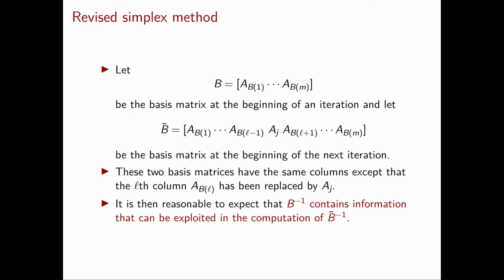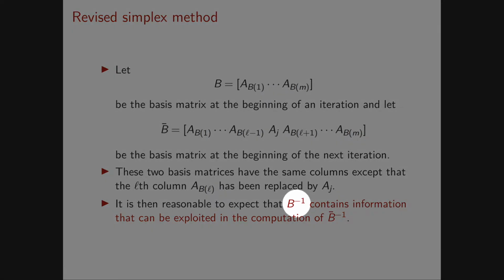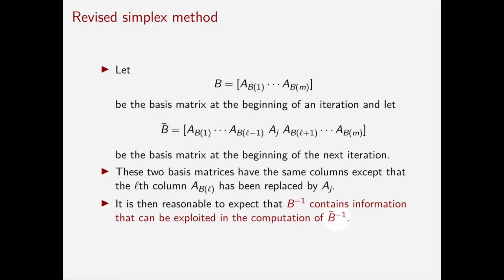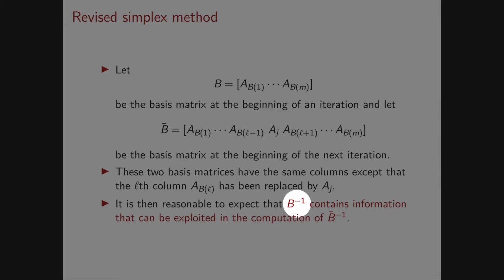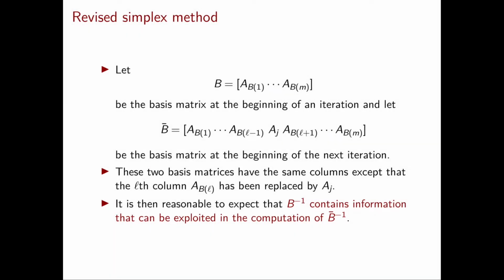There's only one column that is different. It is then reasonable to expect that also the inverse of B is not so different in some sense from the inverse of B bar. And so the idea is to use B inverse to quickly obtain B bar inverse without needing to compute B bar inverse from scratch, which would require m cube operations.